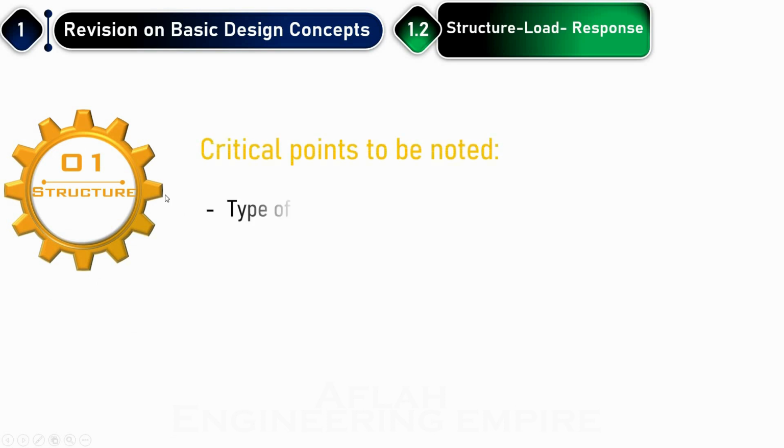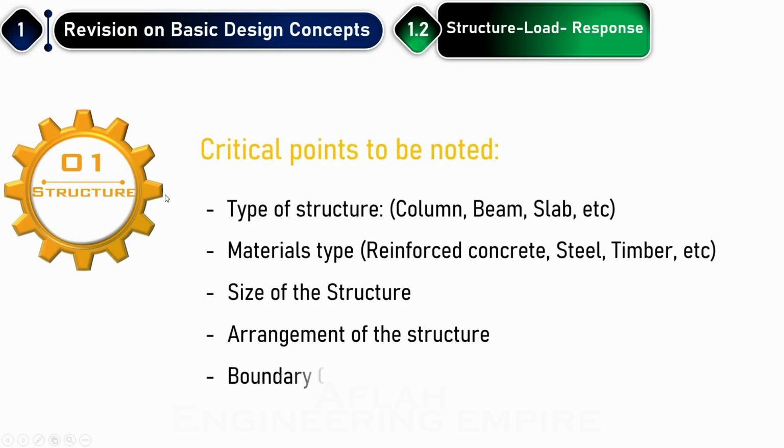Now, these are key concepts that you need to consider when you are designing members. First, the structural member type: is it a column or a beam, and what makes an element a column and what makes it a beam? It depends on the direction in which the load is acting, and whether it is a flexural member or a compression member.